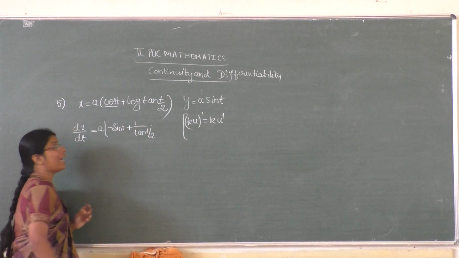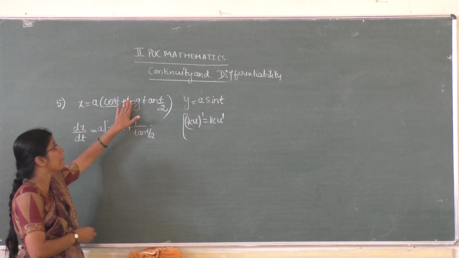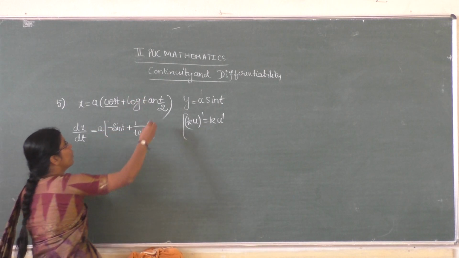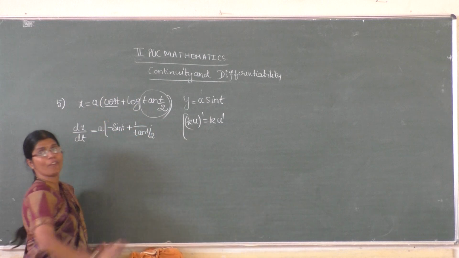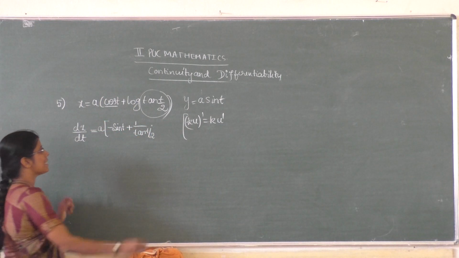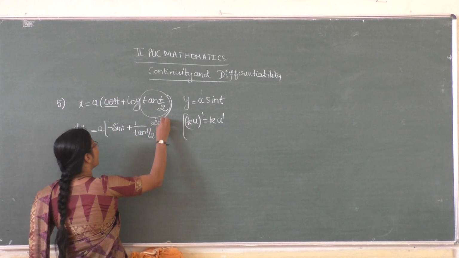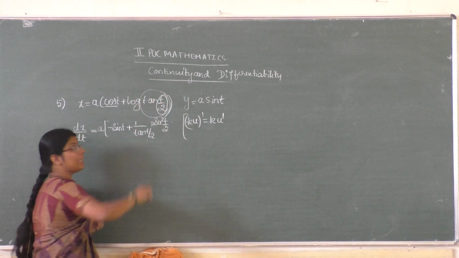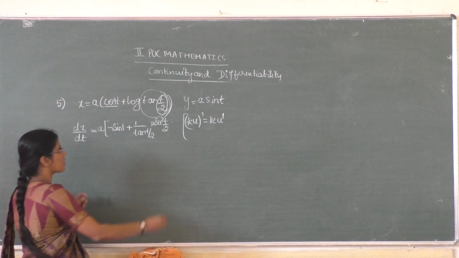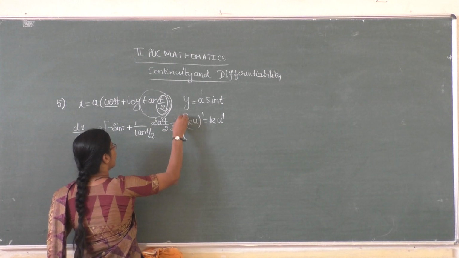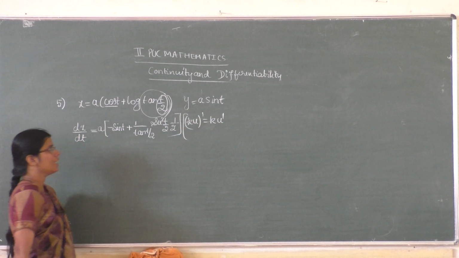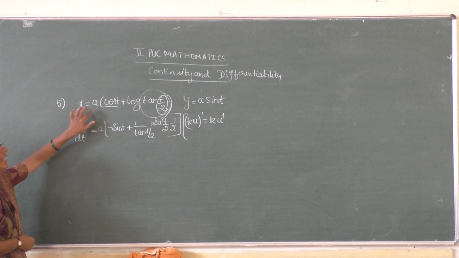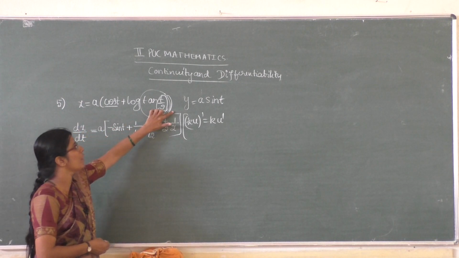You have to apply chain rule. Then you find the derivative of tan t by 2, that is secant square t by 2, and then the derivative of t by 2. Half is constant and derivative of t is 1.